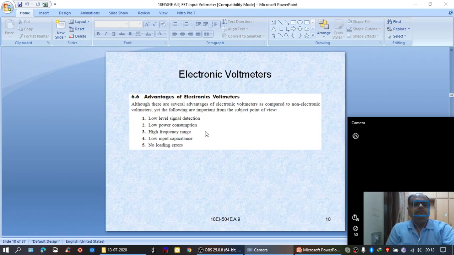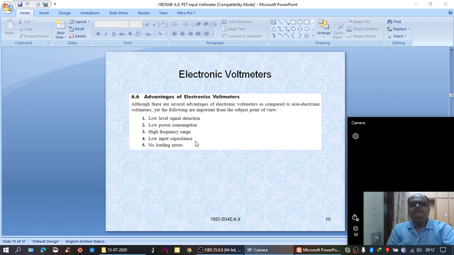It can be used for the measurement of voltages starting from DC, that is from zero frequency, to very high frequencies also. Even AC signals with high frequencies can be measured accurately using electronic voltmeters. And low input capacitance.